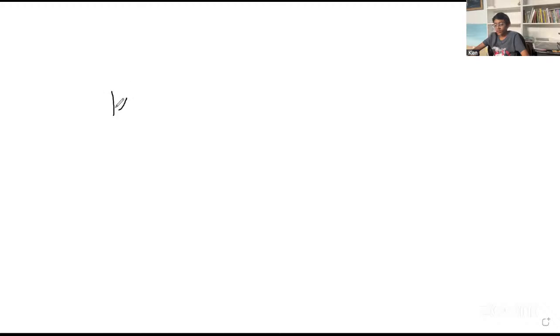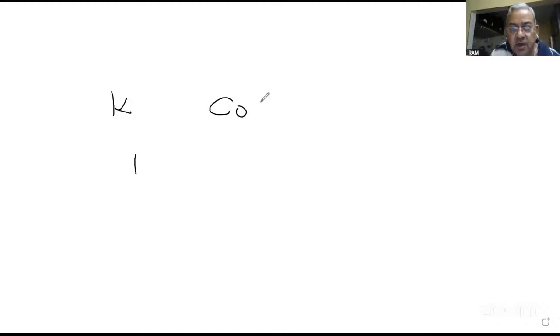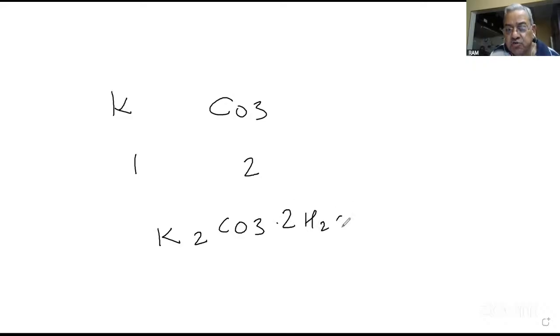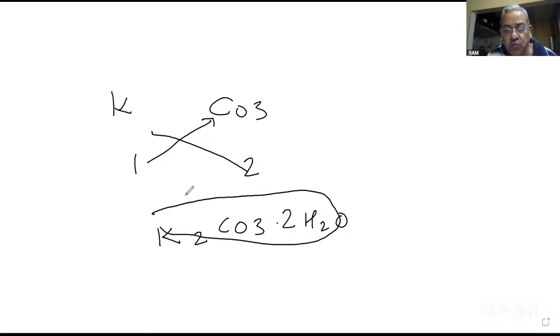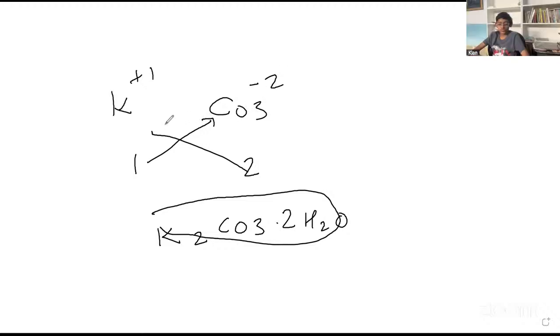Potassium is having valency 1, carbonate is having valency 2. So it will become K2CO3, and dihydrate means 2H2O. So it will become K2CO3, 2H2O, potassium carbonate dihydrate. Potassium has valency 1 and carbonate has valency 2, so there will be 2.